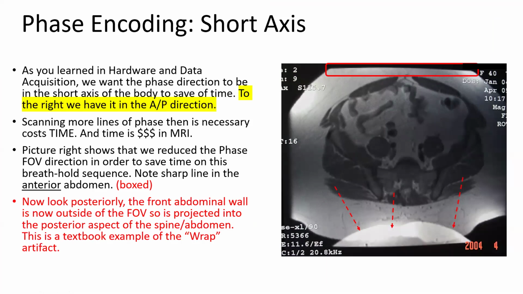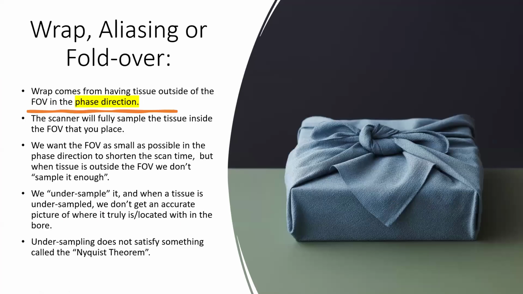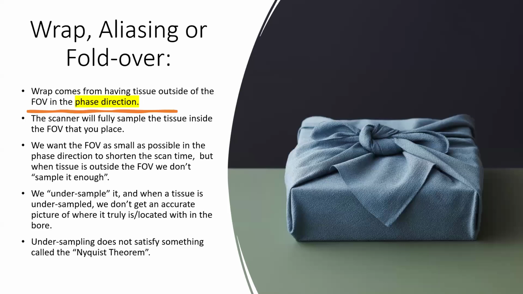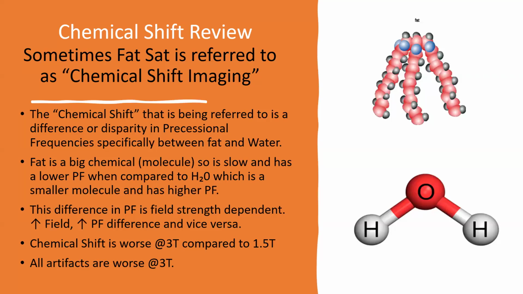Why do we get wrap from tissue outside the field of view? Because it's not sampled enough. It's undersampled, and the scanner doesn't know what to do with it because the Nyquist theorem was not satisfied. We didn't sample those echoes enough to know where to put them. So they get put in the wrong place.